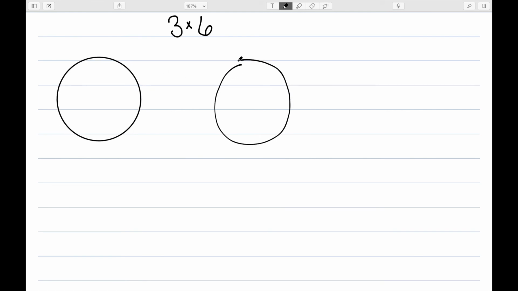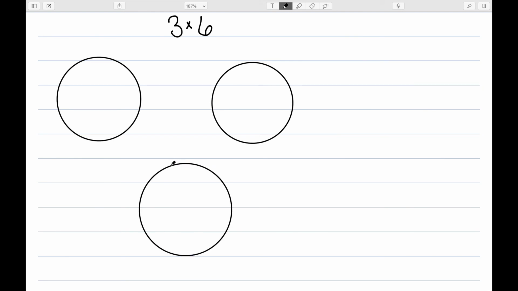Let's go back to our example of 3 times 6. The 3 tells me I have 3 groups. So here's 1, 2, and 3. In this case, let's say we have 3 plates. The 6 tells me how many objects are in a single group. So let's say we have cookies.